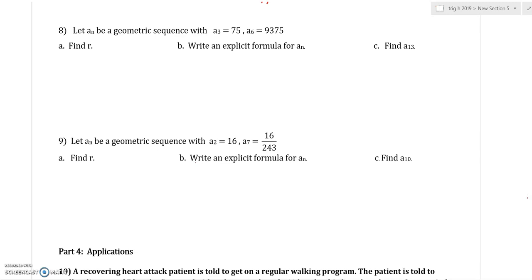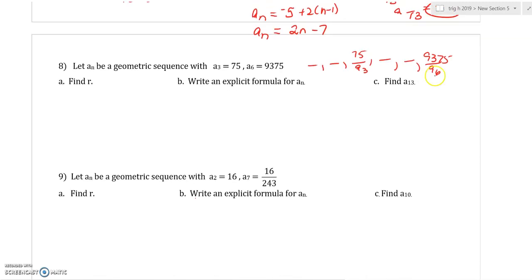So again, for this one, I don't know the first term, I don't know the second term, I know the third term, I don't know the fourth term, I don't know the fifth term, I know the sixth term. So you have to figure out, what did I just multiply by? 9375 divided by 75. That's what I'm multiplying by to go from the third term to the sixth term.